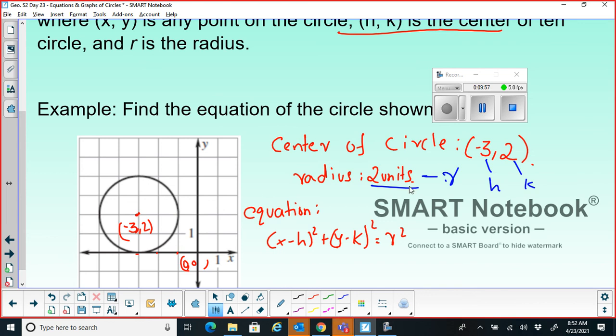So substitute all these three in this particular equation. x minus h, where h is negative 3, so you should write x minus of negative 3 whole square plus y minus 2 whole square equals the radius square, which is 2 square.